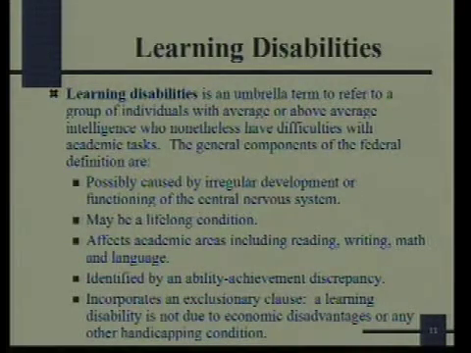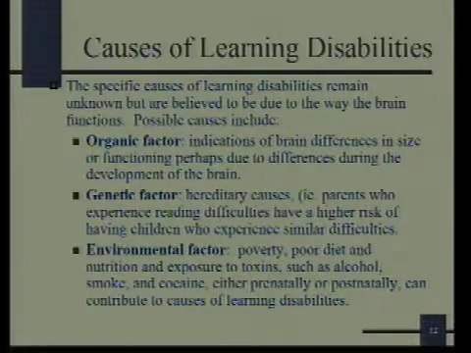It isn't the result of retardation, it isn't the result of economic disadvantage, it isn't the result of a behavior disorder. He just can't read as well as he ought to be able to, and we don't know why, so we're going to call it a learning disability, right?